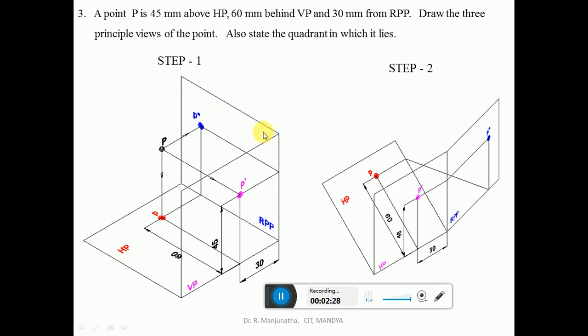For the right profile plane, the viewing direction has to be perpendicular to the right profile plane. That means either it can be right side view or left side view. When the observer is from the left side, the point is between the plane and the observer. When the observer is from the right side, the plane is between the point and the observer.